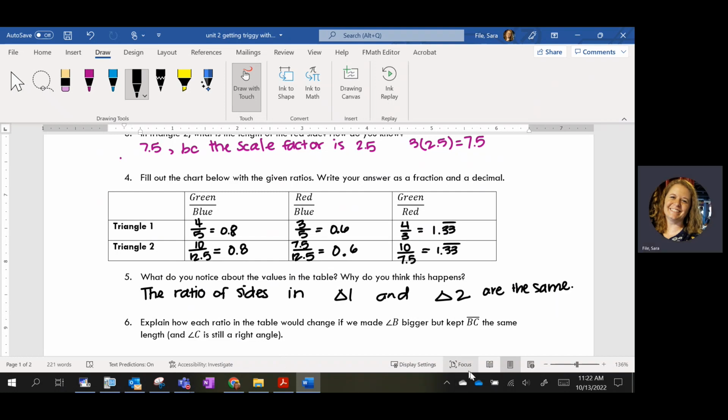Okay, now why do you think that happens? It happens because they're similar triangles, because the angles are congruent is why it's happening.